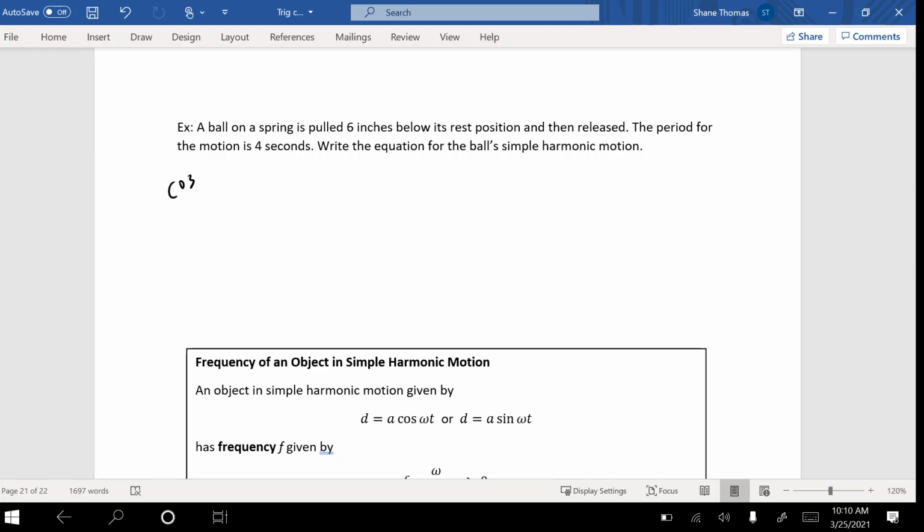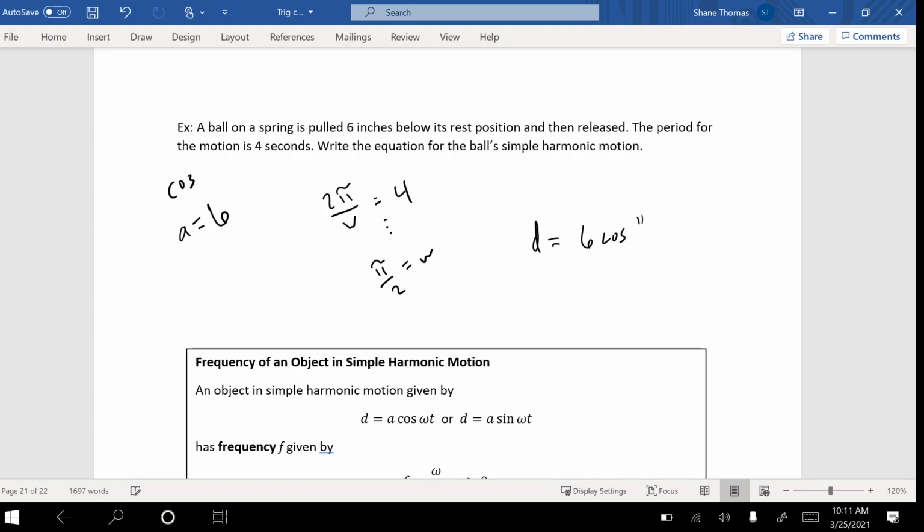All right, A is pretty easy. What's my A term here? Has to be 6 because I pulled it 6 inches from rest. And then for W, I would have to solve 2 pi over W equals 4. You solve that, what do you get? Pi over 2 for W, I agree. All right, therefore, my equation is going to be D equals what?